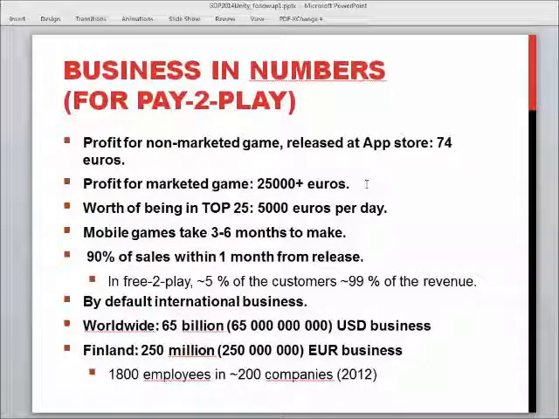it's 10% of the 5%, so it's 0.5% of the customers who are the so-called whales. They may spend tens or hundreds or even thousands of euros on your product.